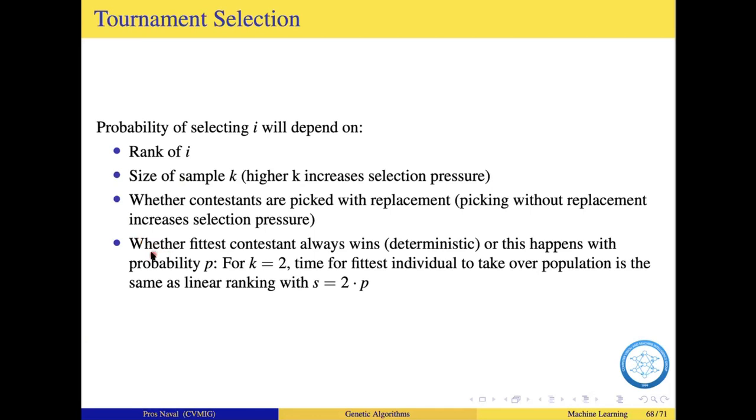It also depends on whether the fittest contestant always wins, deterministic, or this happens with probability P. For K equals 2, sample size 2, the time for the fittest individual to take over the population is the same as linear ranking with S equals 2P.